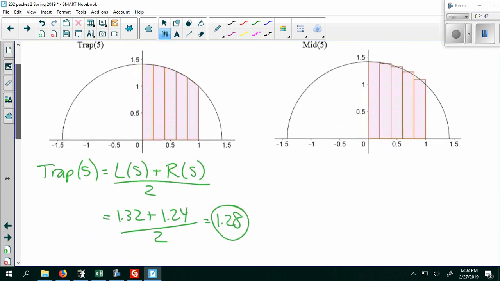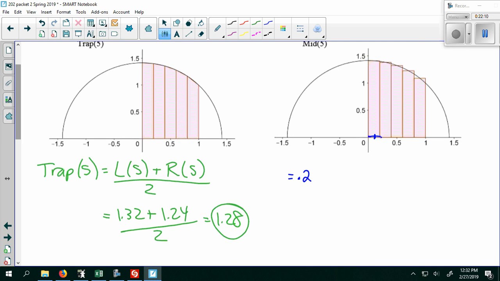Mid 5, there's no handy formula for. I have to actually calculate it out by drawing rectangles. So I have 5 rectangles. Each one has a base of 0.2 again. So I'm going to have 0.2. And then the height of this first rectangle is the height of the function halfway between the left endpoint and the right endpoint. So the left endpoint is 0, the right endpoint is 0.2.